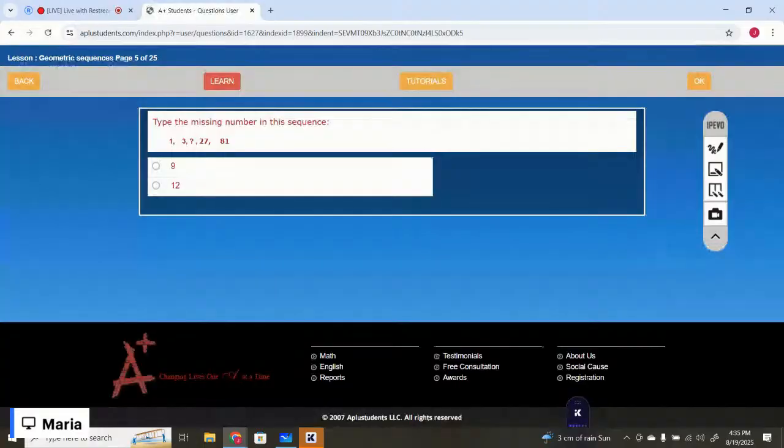Type the missing number in the sequence: 1, 3, the missing number, 27 and 81.